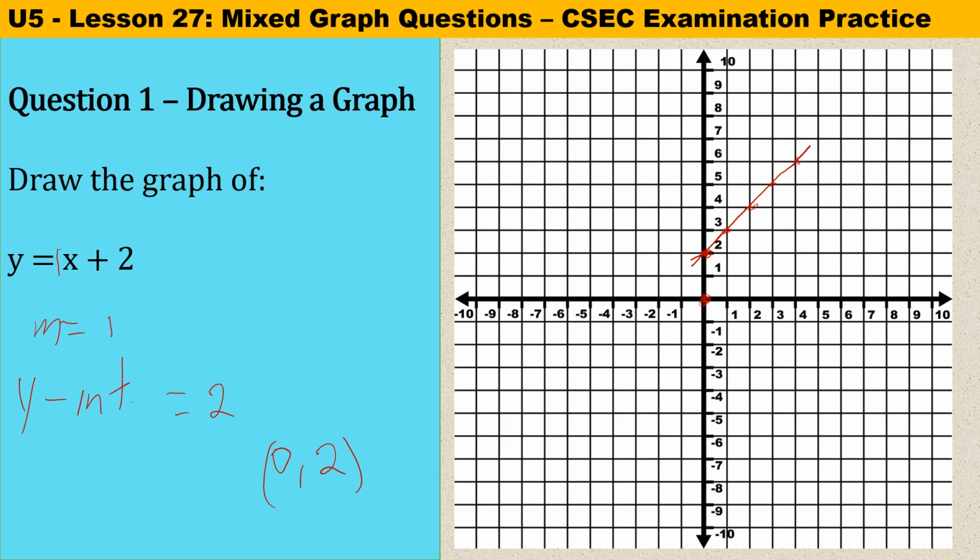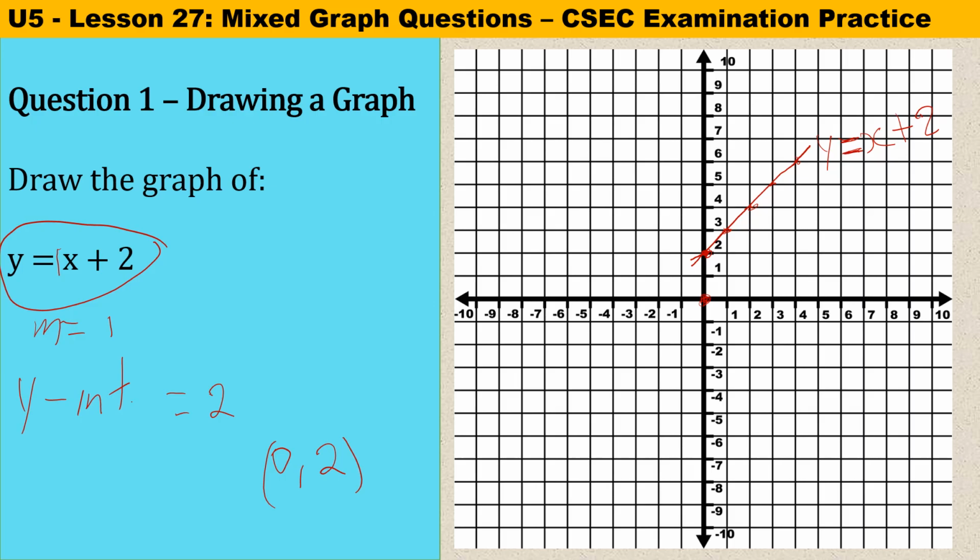Remember, when you draw your line, you want a nice smooth line. So there you have drawn the graph for y equals x plus 2. And remember to always label your graph. You should label your line y equals x plus 2. That's not minus, that's an equal sign.